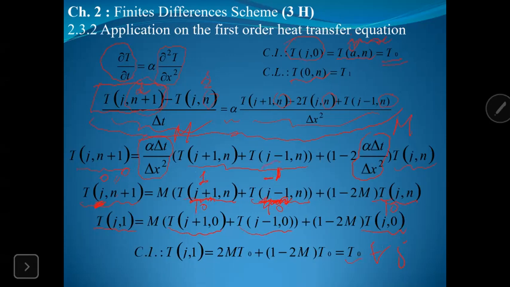Since I get minus 1, I'm out of the domain. Then 0 cannot be worked. Then I need to change j to 1. J equal 1. Here is 2. Here is 0. And here is 1.